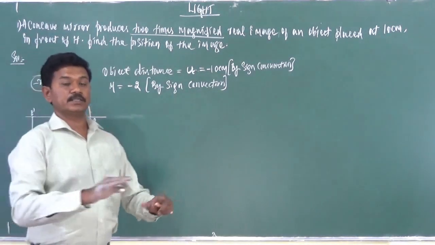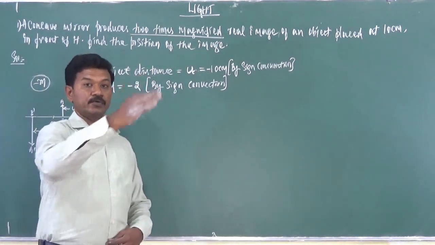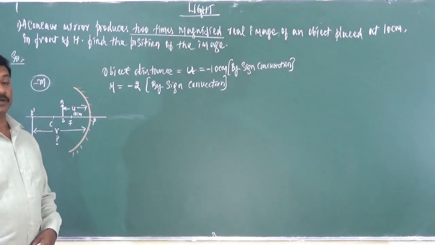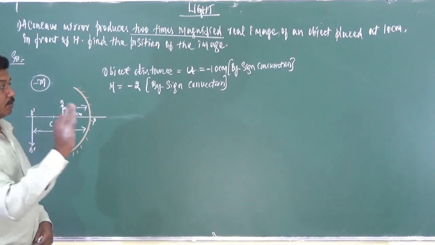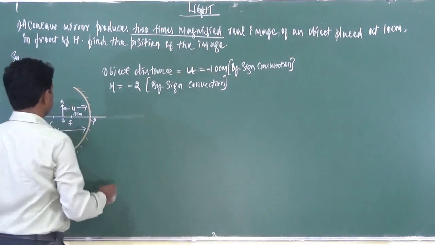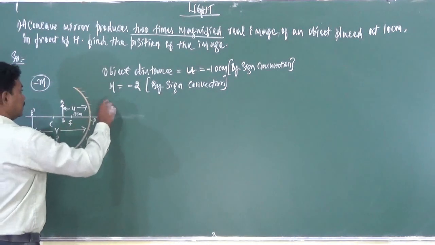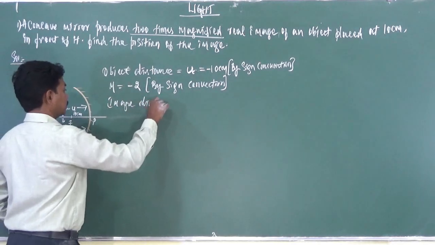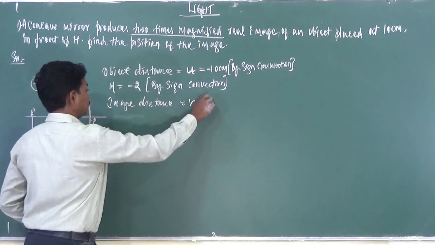Reaching the answer is not a big thing. The way you reach the answer plays a very important role. So you have to think, apply your knowledge and then solve numericals on physics, right? So M is minus 2, and we have to find out the value of V, that is image distance. Image distance V is equal to how much?